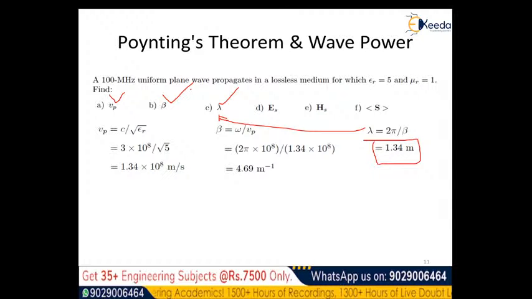Now we focus our attention onto the part D here. In the part D we are required to determine capital E suffix S. It is representing the electric field variation here.